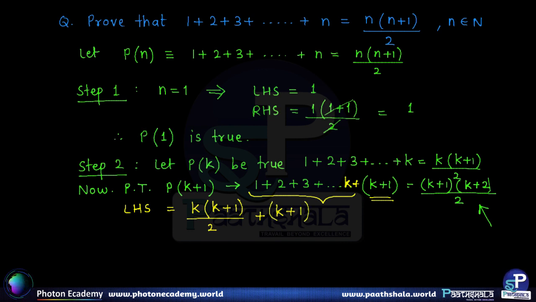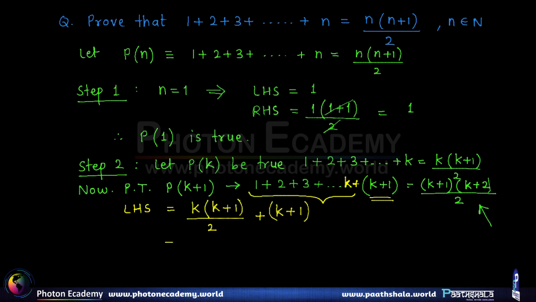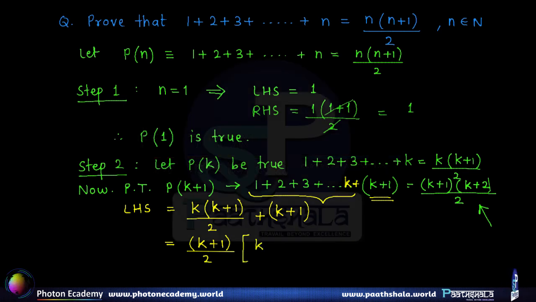Now you can see that this can be easily simplified, that is, if we take k plus 1 as a common term from both of the terms, or we can even take k plus 1 upon 2, whichever way, then in the bracket what remains is k plus, cross multiplying we get 2. And you see, interestingly, we have got the required right hand side.